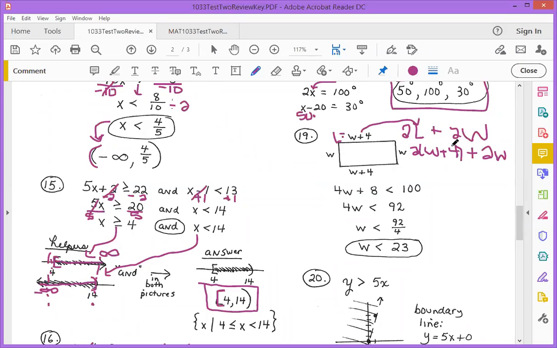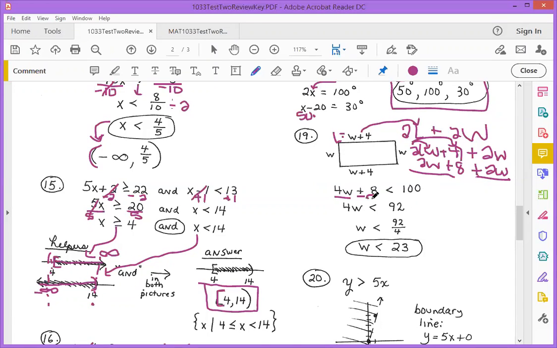We have to distribute. So 2 times W and 2 times 4. That gives us 2W plus 8 plus the 2W. You combine like terms. 2W plus 2W is how we get the 4W. And then plus the 8. Must be less than 100.